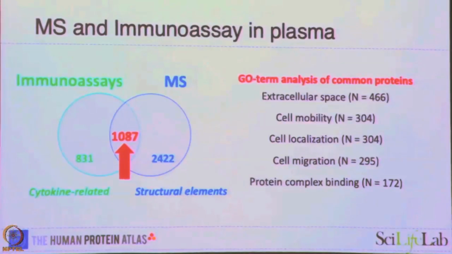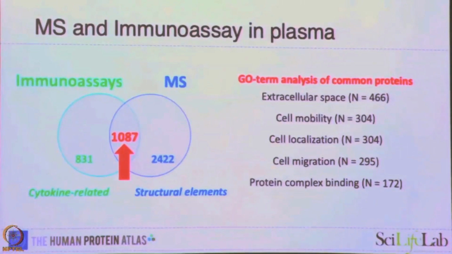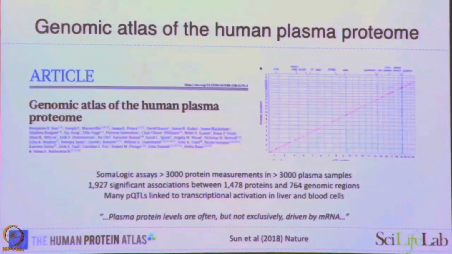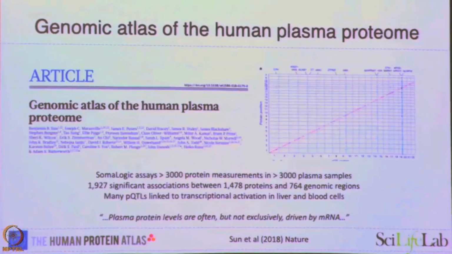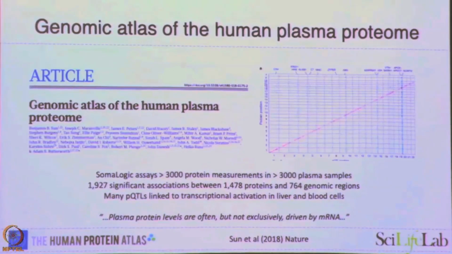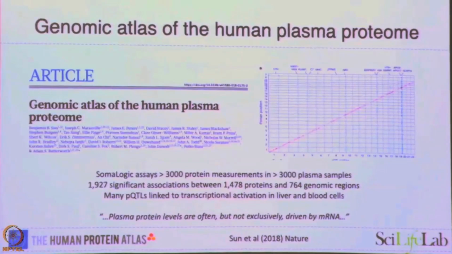Of course, in mass spec, most often, and this is done purely on shotgun data, you take all the information you get. Whereas in affinity-based assays, you pre-select what you want to look for, right? So these are really conceptually different approaches. And another aspect I mentioned before is the use of genetic data in combination with protein data. So how much information about your proteins is already given in your genome?